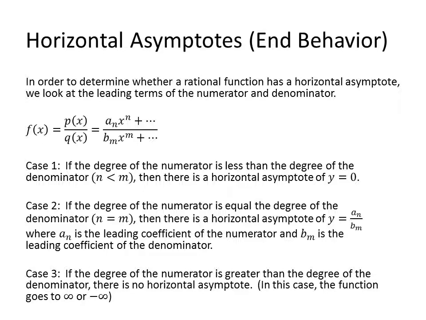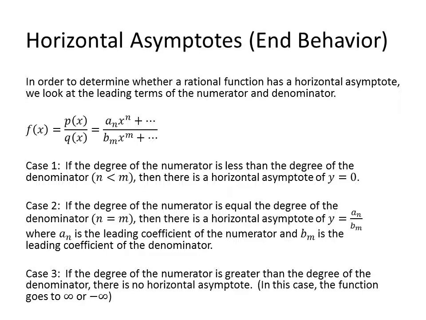The second case is when the degrees of the numerator and the denominator are equal. In this case, there will also be a horizontal asymptote, but that horizontal asymptote will be equal to y equals an over bm, where an and bm are these leading coefficients.